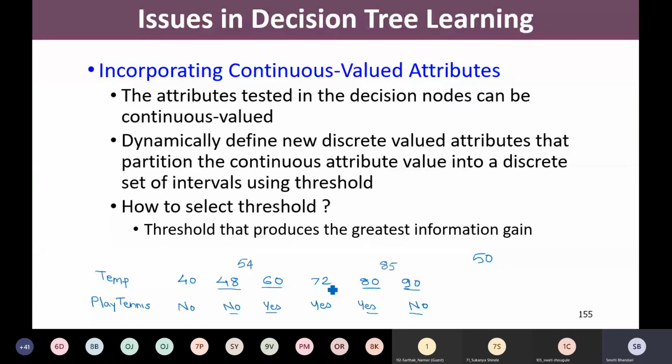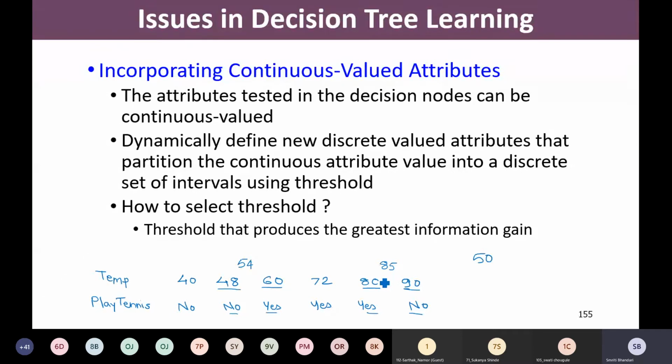Correct? Now, for these values, we are going to find the information gain. And whichever value is giving us the highest information gain, we are going to pick that value as our threshold to discretize the continuous values.